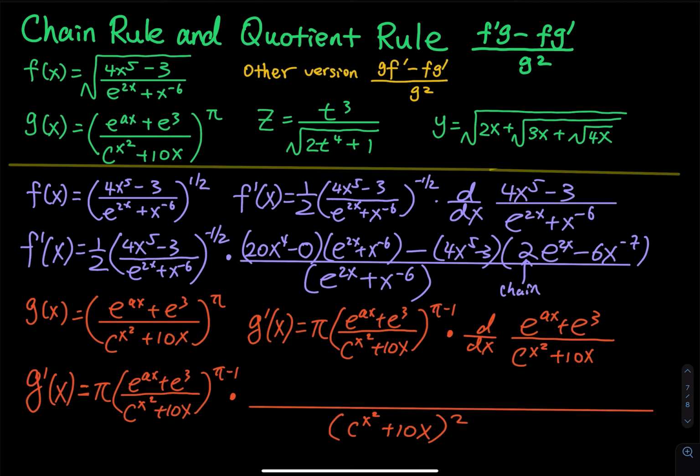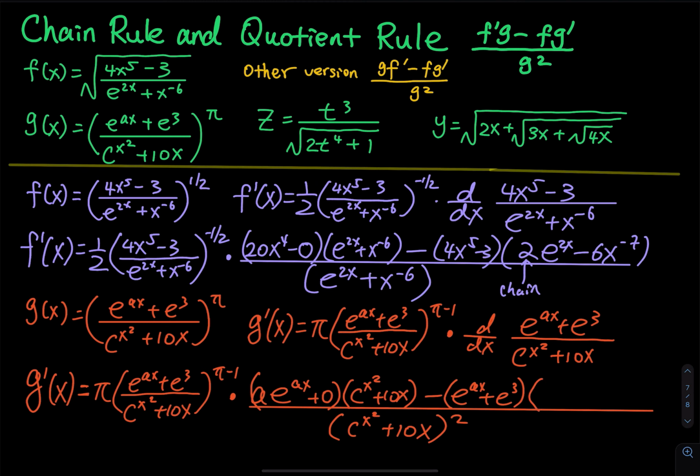The derivative of the numerator, that is e to the ax, the derivative of ax is equal to a, and then e to the 3rd is equal to 0. Copy the denominator, c to the x squared plus 10x, minus the numerator, e to the ax plus e to the 3rd, and then c to the x squared.